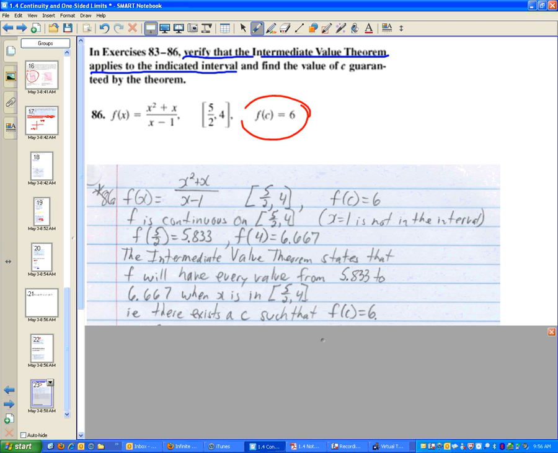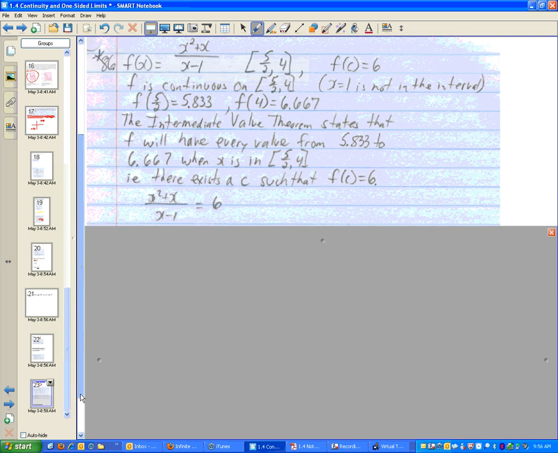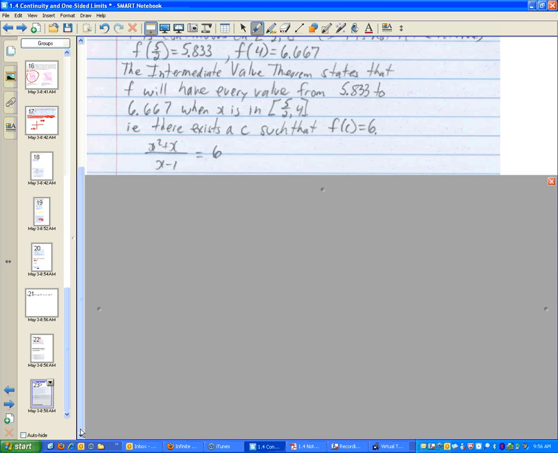Now, find that value of C. So in other words, find the x-coordinate or coordinates that make this function equal 6. I don't know how accurate an answer you'll get graphing it. How about just setting the function equal to 6? So to find the x-coordinates for which the function value equals 6, set the function equal to 6.